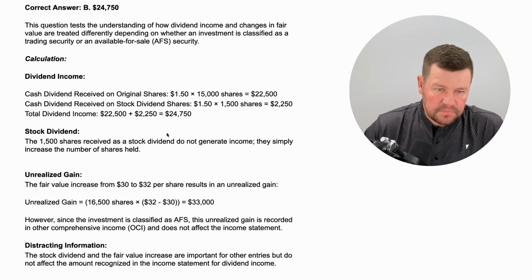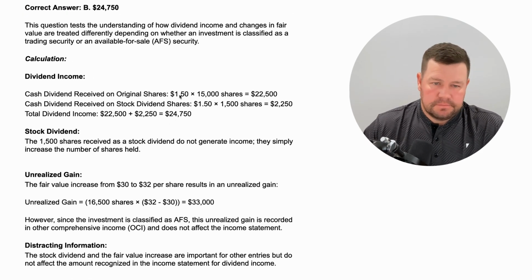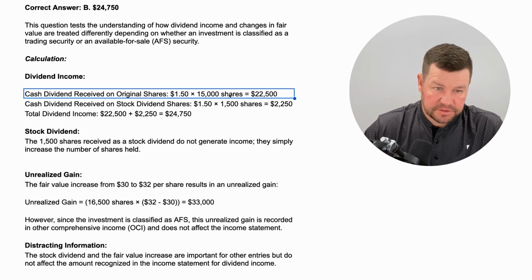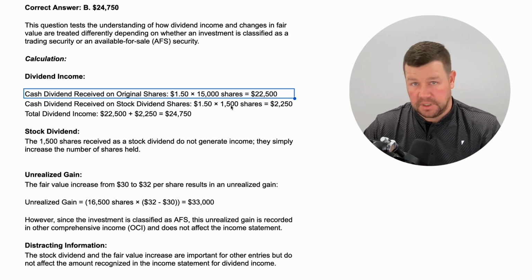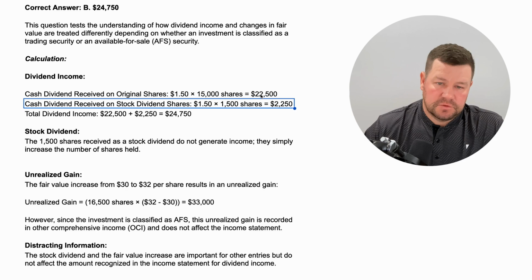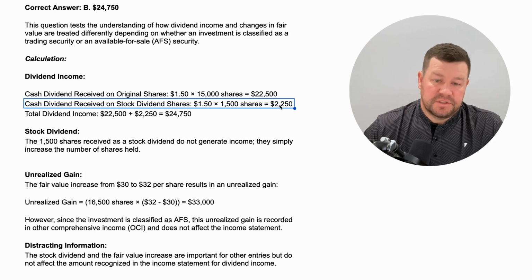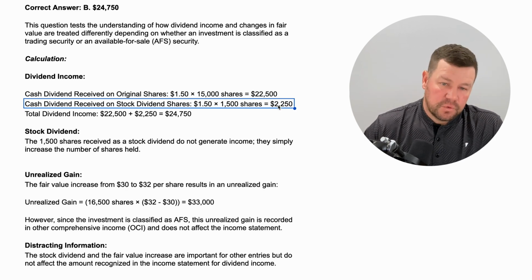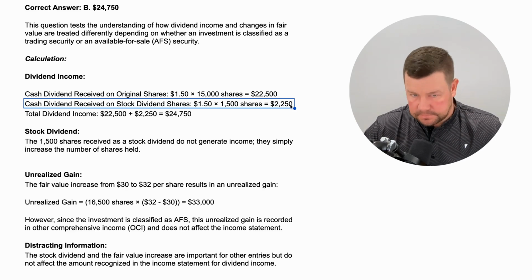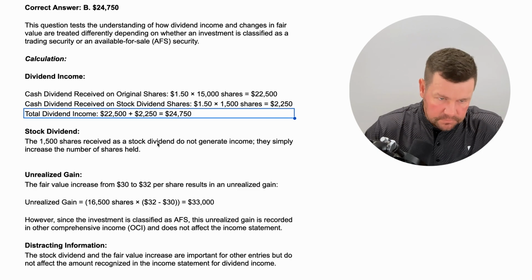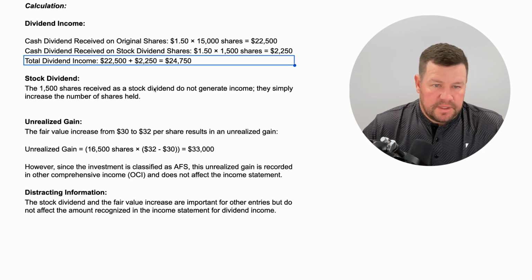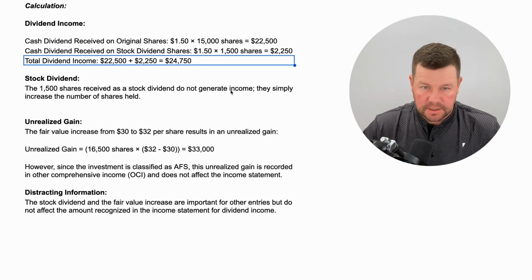So the dividend income, the $1.50 times the 15,000 shares, these are the original shares. The cash dividend on the stock dividend shares, $1.50 times the 1,500 additional shares. So you get 22,500 plus 2,250 for a total of 24,750. So the stock dividend shares don't generate income.